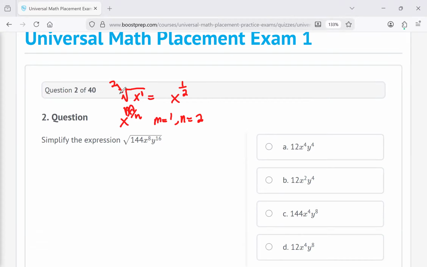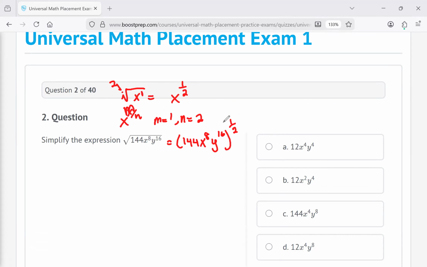Or you just have to remember that if it's a regular square root, there's an invisible 2 here. So now I'm going to rewrite everything as a power: parentheses, 144x to the 8th y to the 16th, all raised to the 1/2.